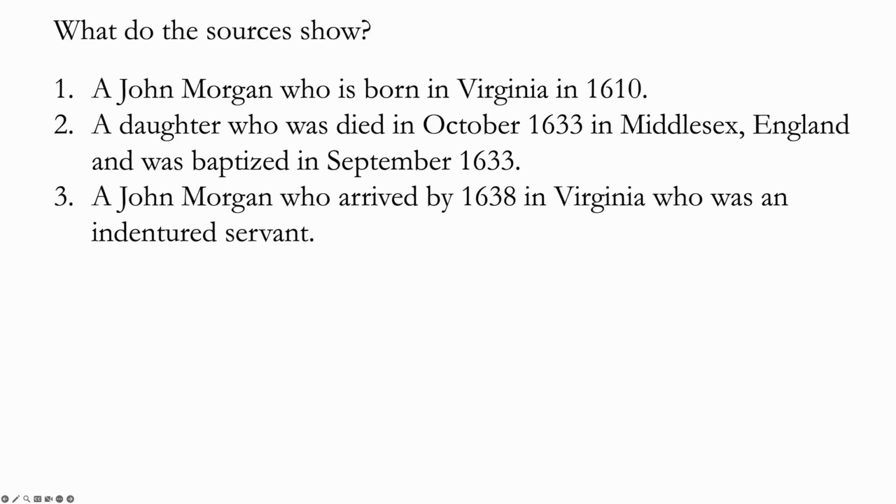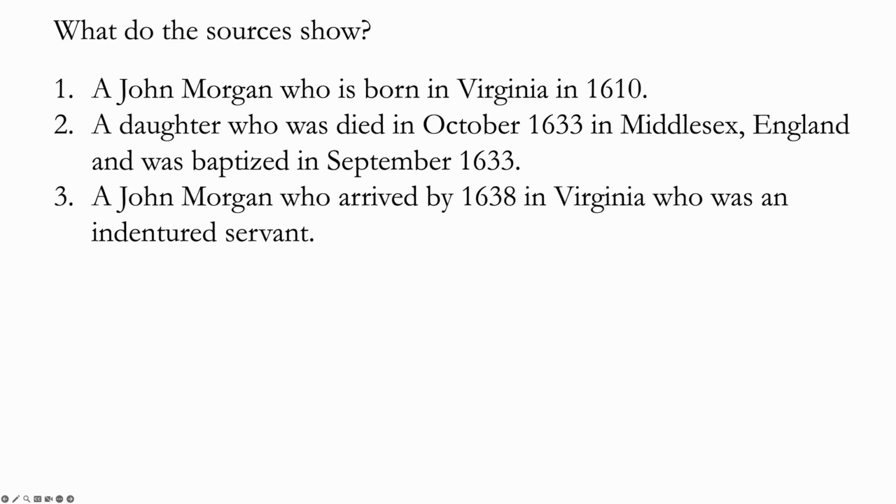Another, a third source, is a John Morgan who arrived by 1638 in Virginia, who was an indentured servant. Oh, now if we have an indentured servant, we have a whole other problem, because indentured servants were usually between the ages of around 16 up to 30, and they were people who were, in a sense, gathered off the streets and had no real ancestry.